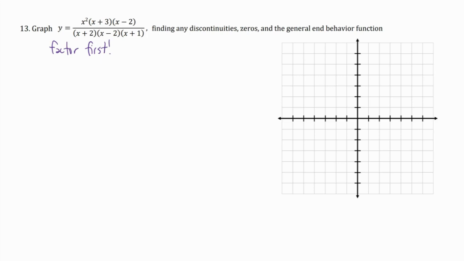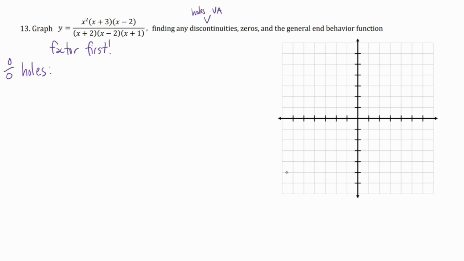Next, we are going to look for our holes. So holes are a discontinuity. Discontinuities are going to include holes and vertical asymptotes. So we're always going to start with the holes. Always, always, always. The holes are when you have 0 over 0. So what value of x gives you 0 over 0?